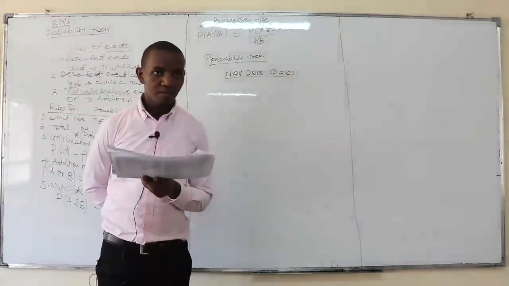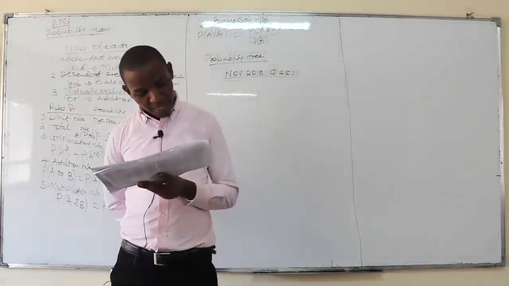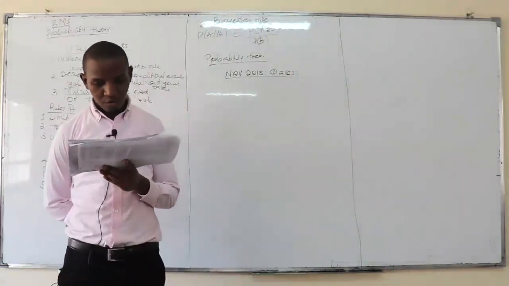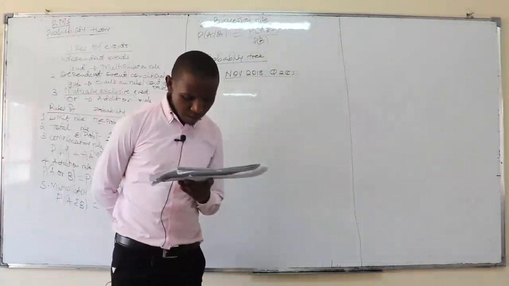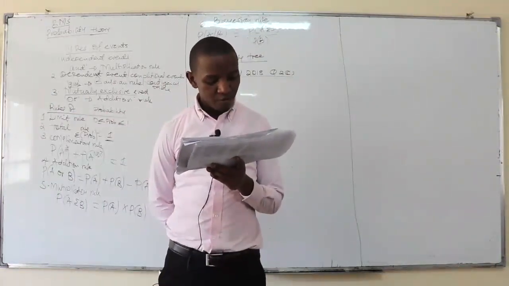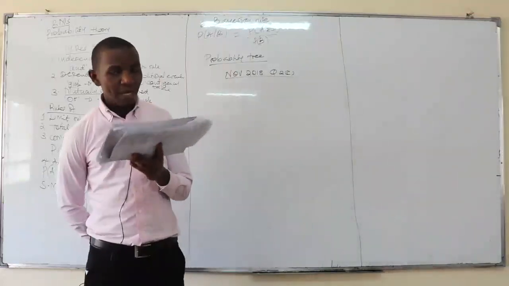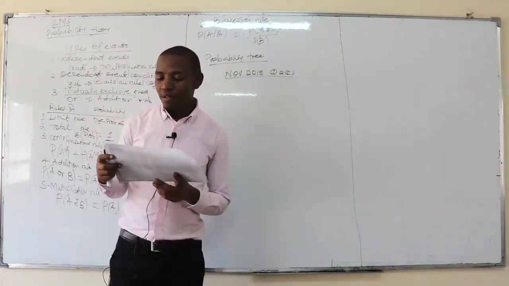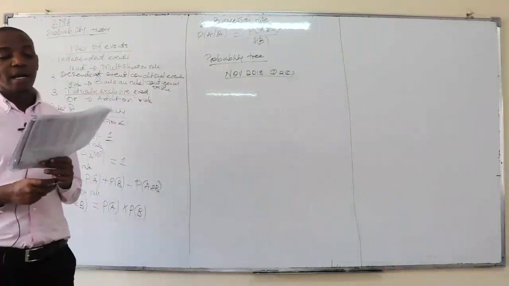The probability that a student will pass a mathematics examination is 2/3. The probability that he will fail an English examination is 5/9. The probability that he will pass at least one examination is 4/5. You are required to find the probability that the student will pass both mathematics and the English examination.